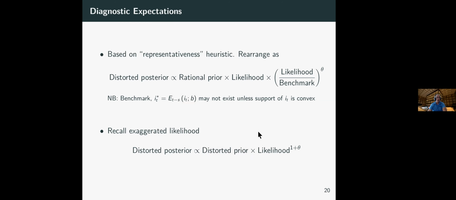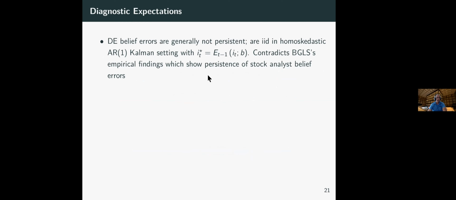Why does this matter? Because in general, DE beliefs are not persistent. Suppose you take this AR1 IID homoscedastic Kalman filtering setting, and you use the standard specification of the benchmark, where the benchmark equals the prior expectation of the data. In this case, the belief errors in diagnostic expectations are going to be IID and homoscedastic.